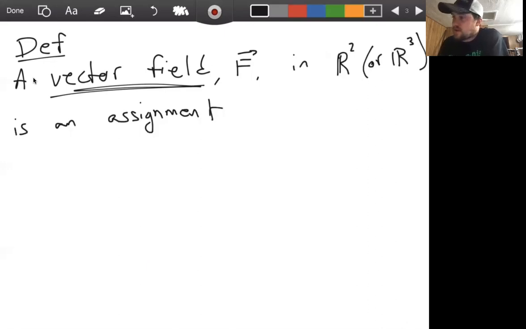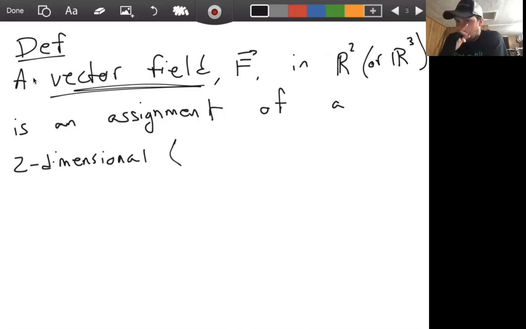Is an assignment of a two-dimensional vector. So again, I want to also give the definition for the three-dimensional case at the same time, so I'll say or 3D vector.